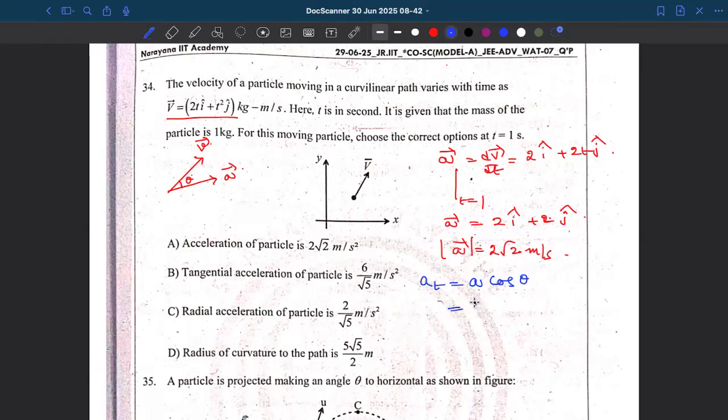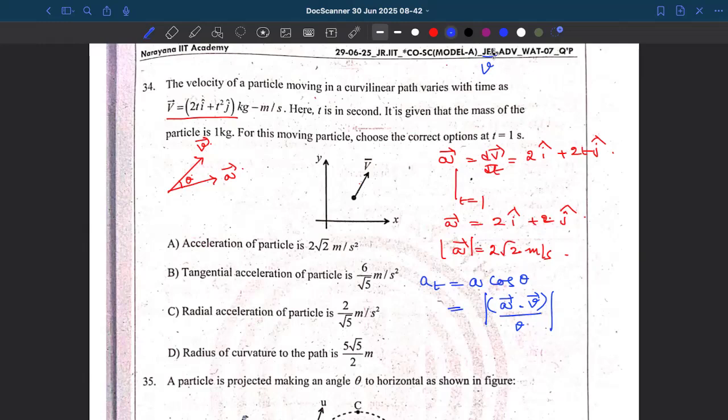So how do you get A cos theta? Cos theta is nothing but A bar dot V bar by V. So you want A cos theta, A bar dot V bar by V gives A cos theta. Now you have A bar already.